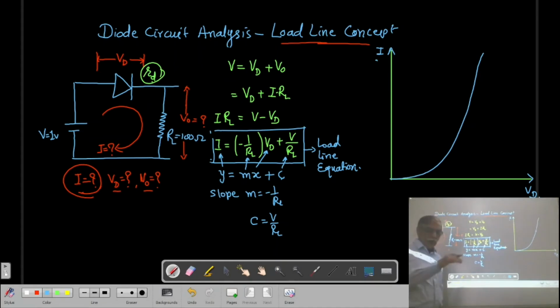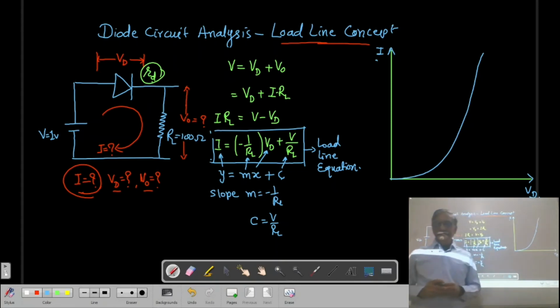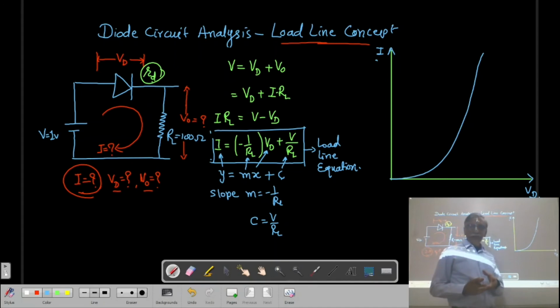So now how can we draw this line? You already know that whenever you want to draw a line, you require a minimum of 2 points. One point you can have on the x-axis, where the y parameter is 0.